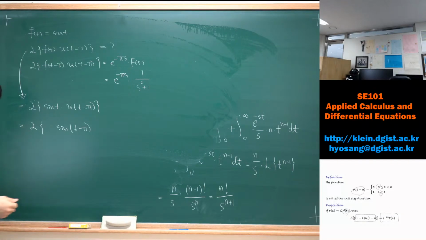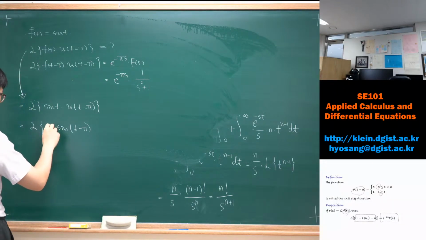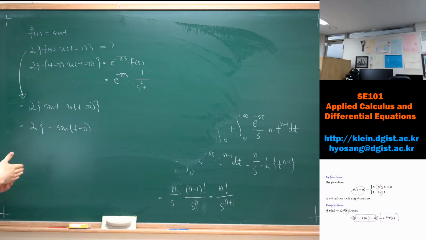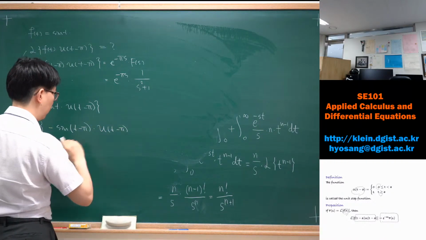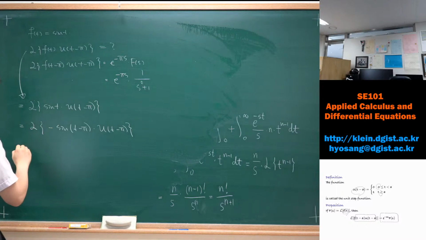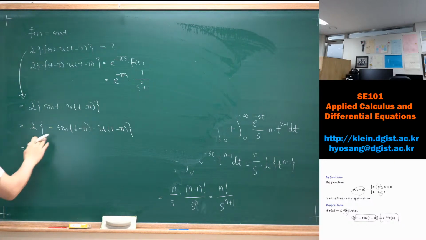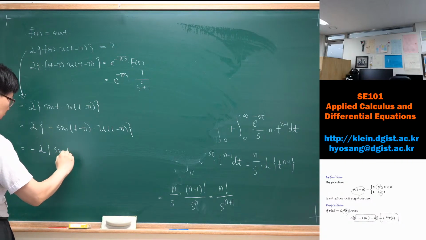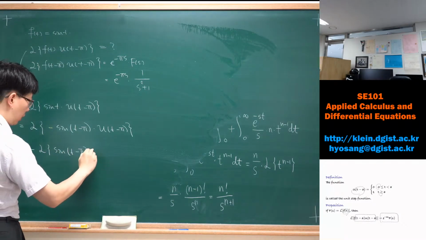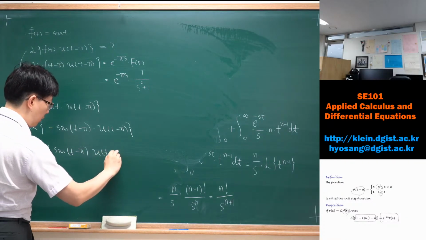When I move my sine to the right, it becomes negative. So we have a negative outside and sine of t minus pi times u of t minus pi.